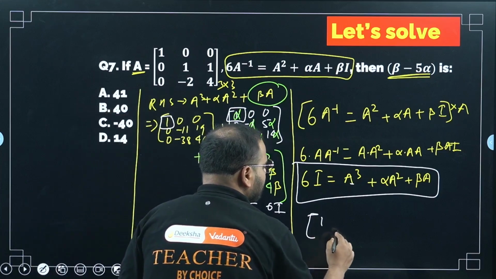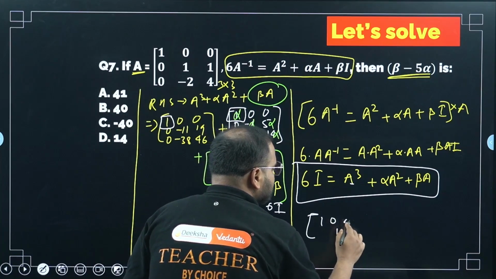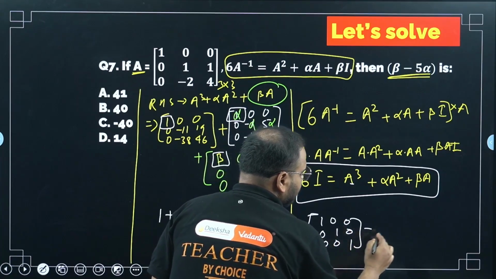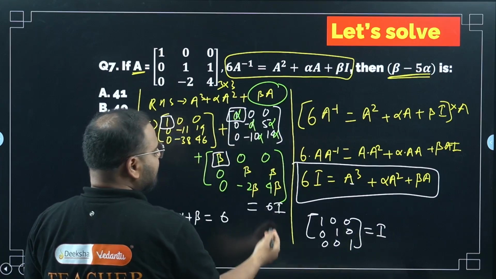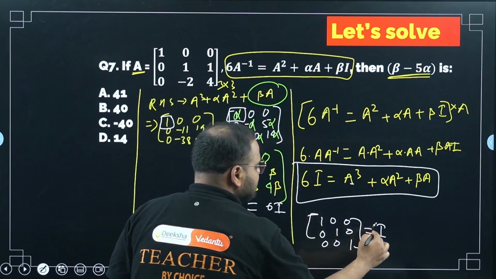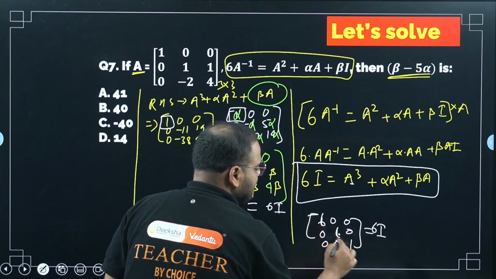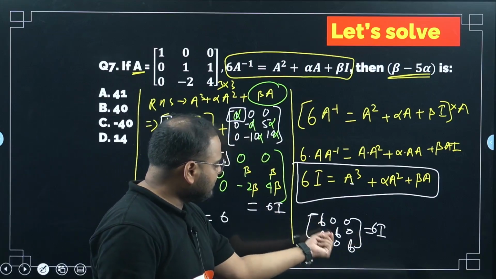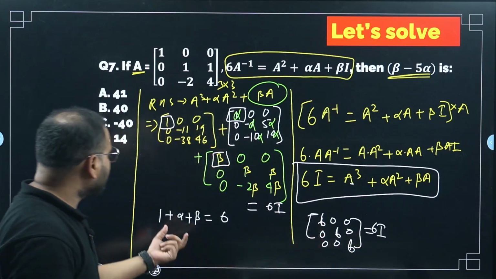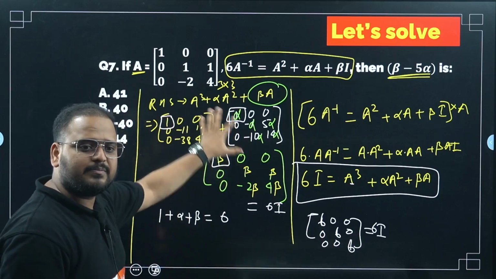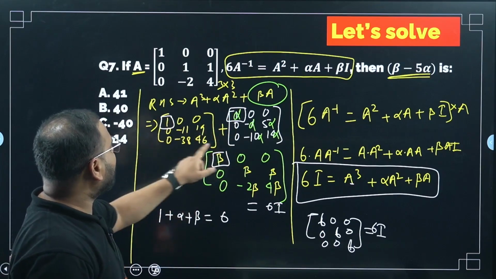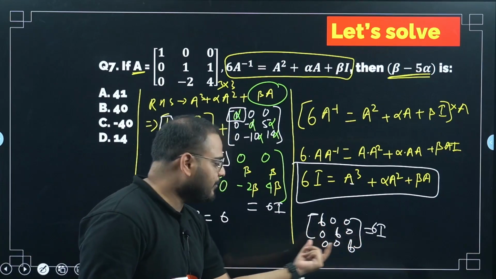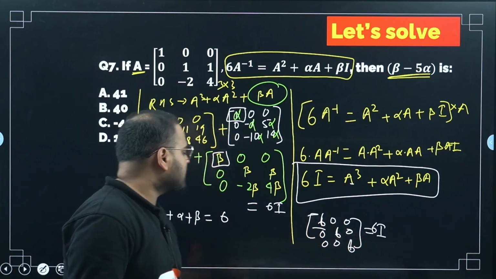Identity matrix is 1, 1, 1, and the rest all 0. If I write 6 times identity, everything that is 1 will become 6, and the rest will be 0. So the first element of the sum of these matrices will be 1 plus alpha plus beta, and the result, the 6 identity matrix, gives 6. So I wrote it as 6.